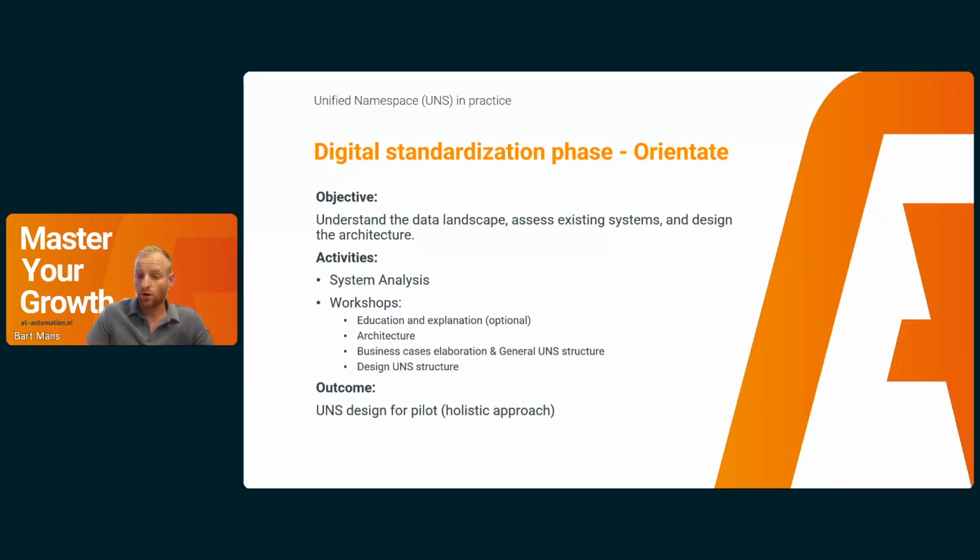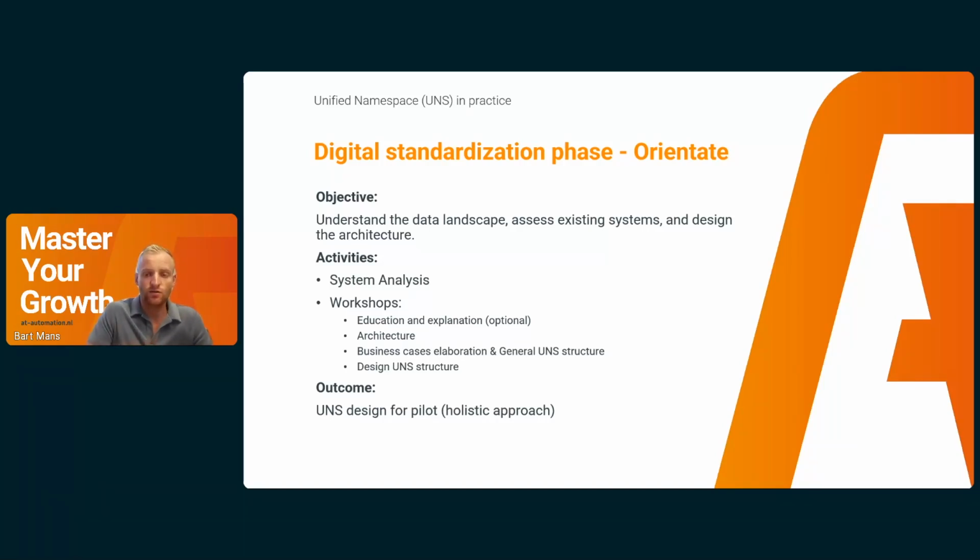Another question, which departments in my organization can profit from a UNS? Well, actually everyone. We have customers where even the operators are able to browse through the UNS, and they can see data that they normally couldn't see. Or we have maintenance engineers that take a look at the UNS.